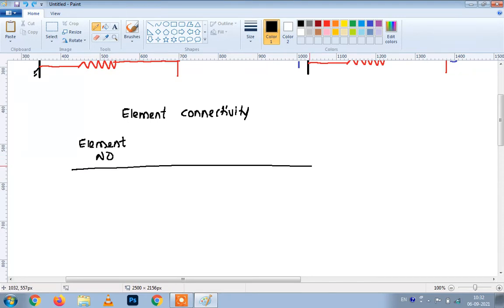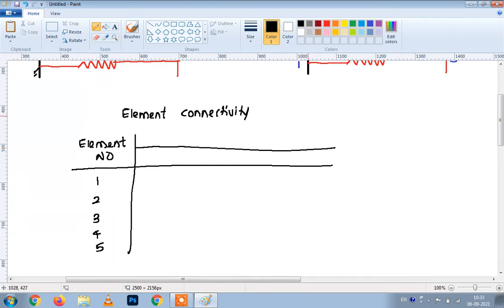Now if you look here, how many elements are given in this numerical? 1, 2, 3, 4, 5, total 5 elements are there, and we have to find out the global node number of local node 1 and local node 2.